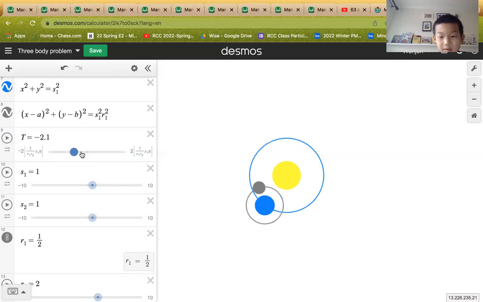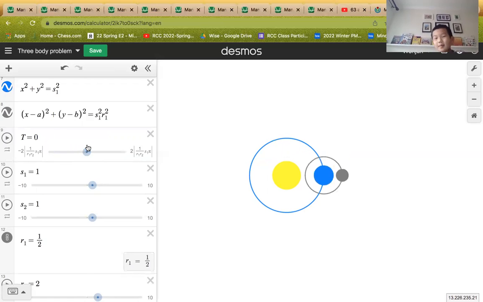Wait, let me see the... About at 0. This is next time it returns here. Basically set a variable called the time.